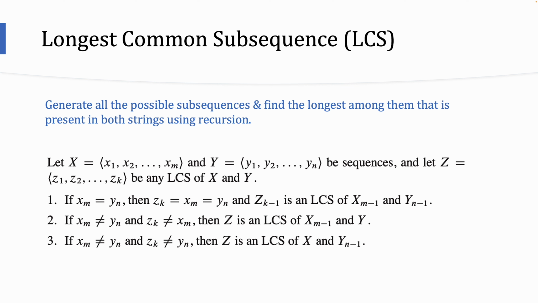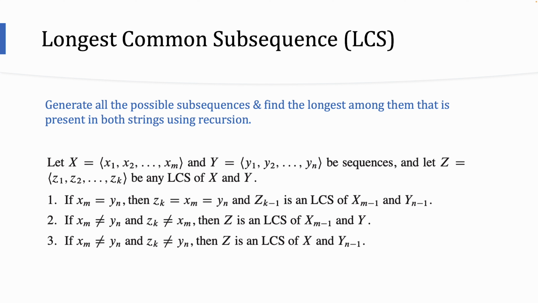And then we solve a smaller problem. What is the smaller problem? We find the longest common subsequence of X and Y, excluding that last element. So that's one case, right?